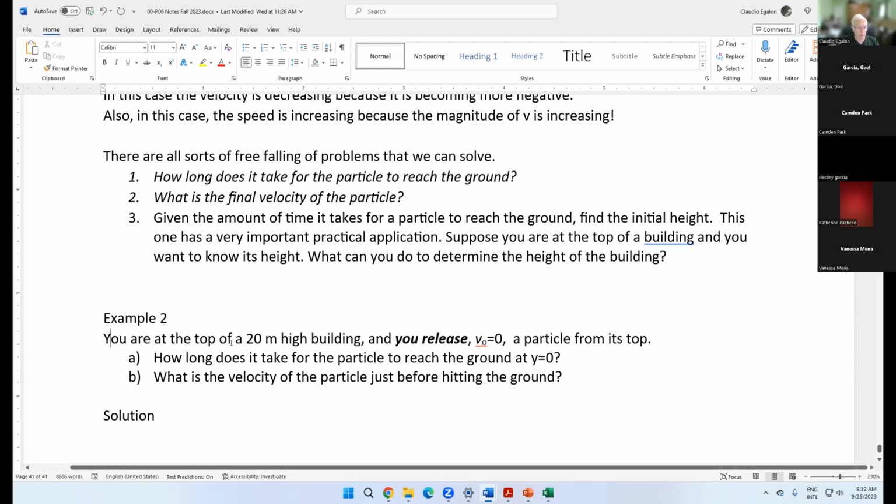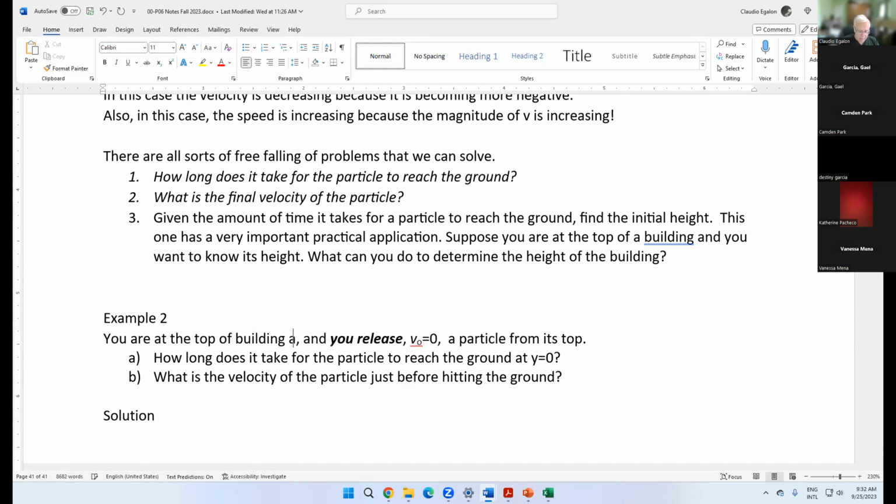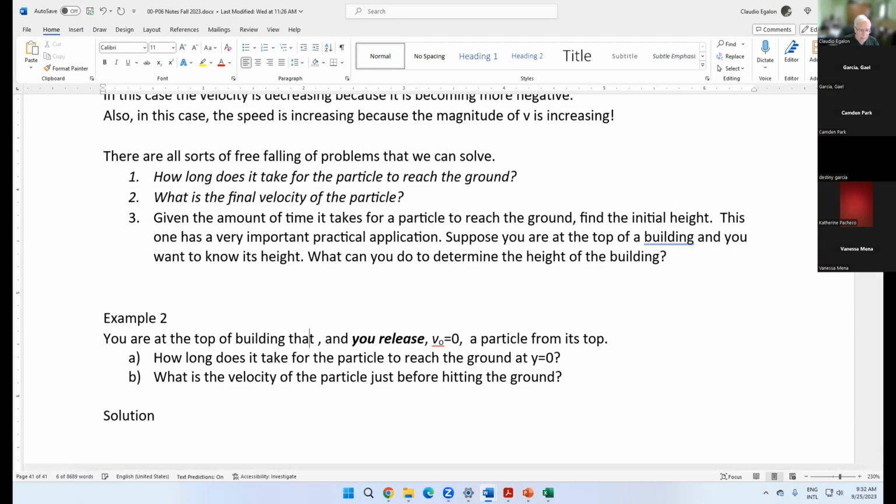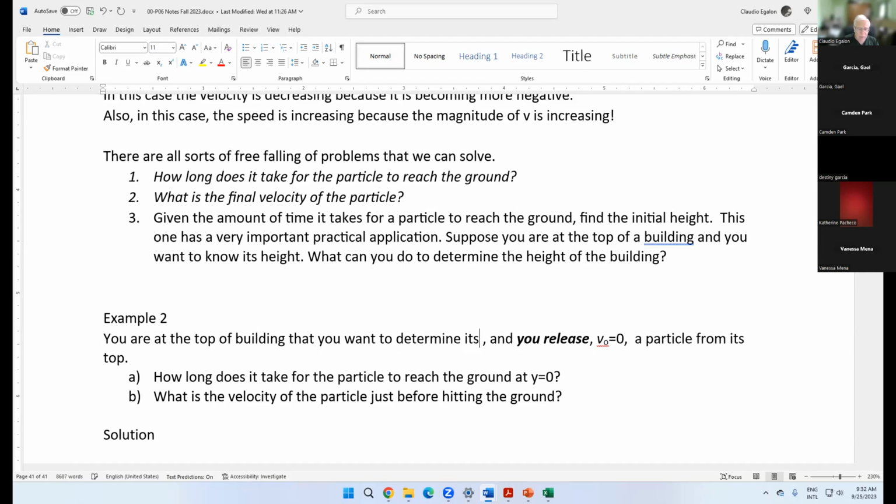You're at the top of a building, and you do not know its height. You want to determine its height.